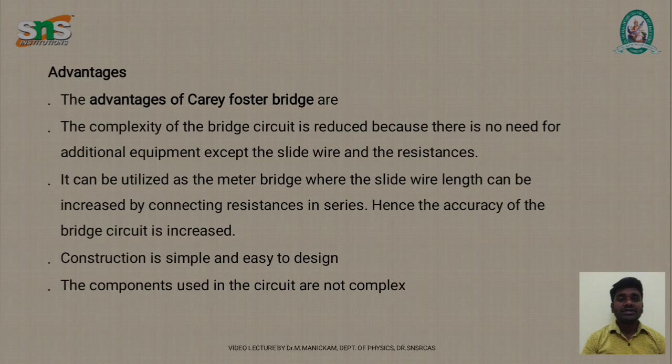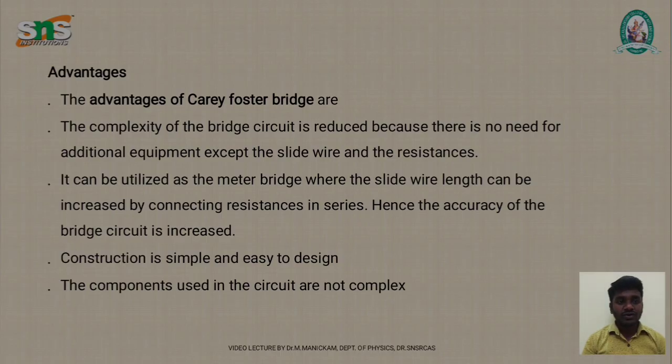So these are the advantages of Carey Foster bridge. The complexity of the bridge circuit is reduced because there is no need of additional equipment except the slide wire and the resistances.